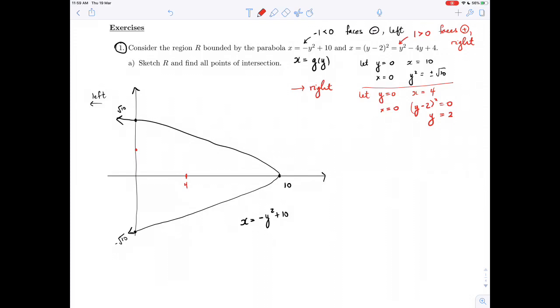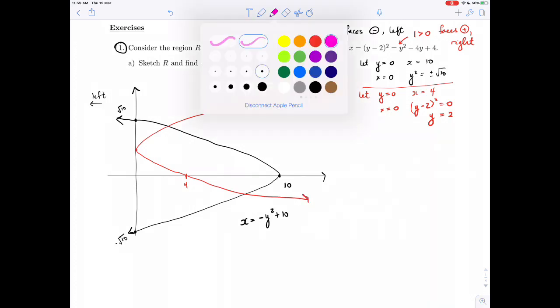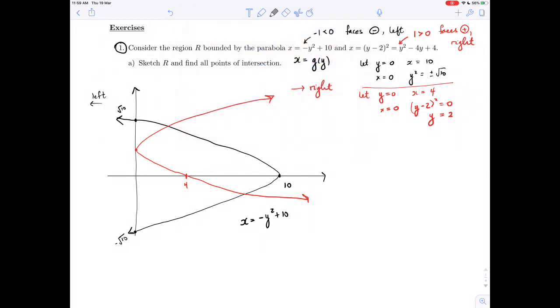That is in vertex form, that parabola, and so we know it faces right. That's enough information to sketch our right-facing parabola. So the region that we are asked to find is the region bounded between the two. This is our region R in here, and so that's the region that I'm highlighting or outlining here in gray. So that is going to be our region R.